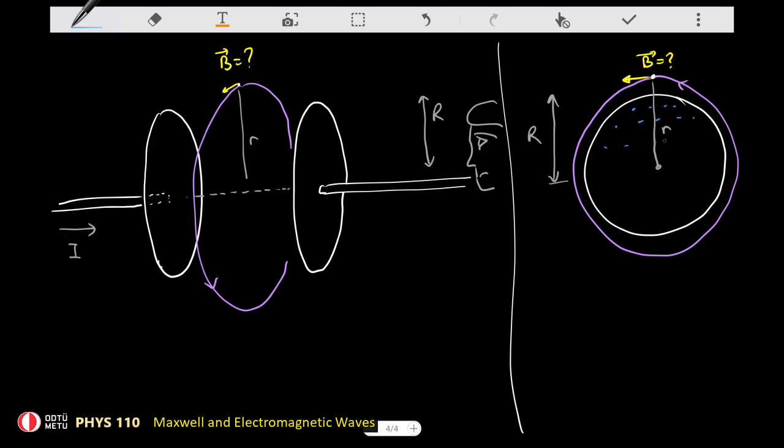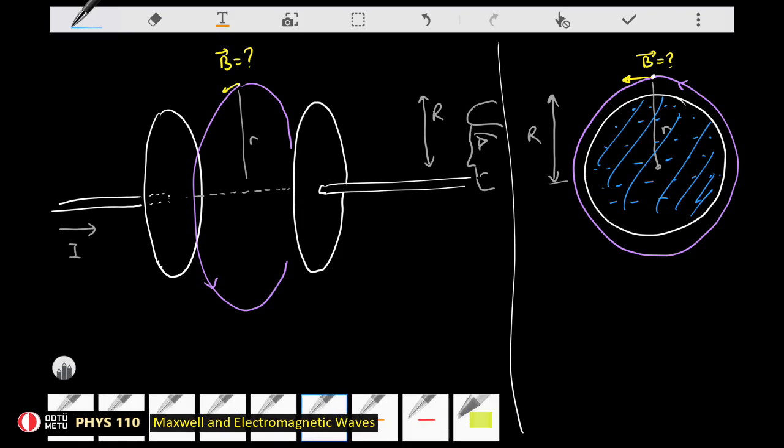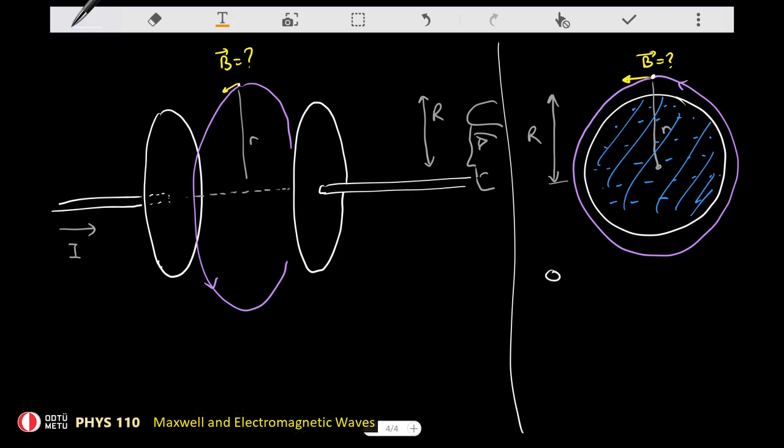We know that the electric flux is basically only between the physical plates, so the flux is over that region only. So in that case, the electric flux is the area of the plates this time, not the area of the enclosed surface, but the area of the plates multiplied with the electric field.